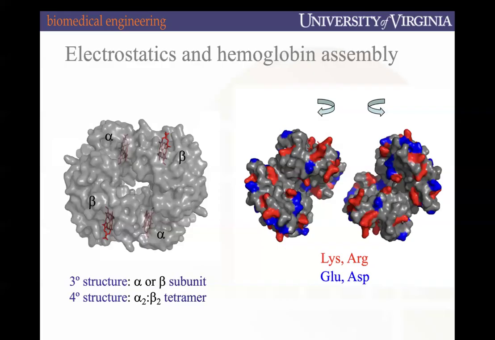In the case of fully assembled hemoglobin, this macromolecular structure, when we bring the 2 alpha subunits and 2 beta subunits all together, we refer to that as the quaternary structure. So a single individual protein, looking at its folded structure, is referred to as its tertiary structure, the third degree.